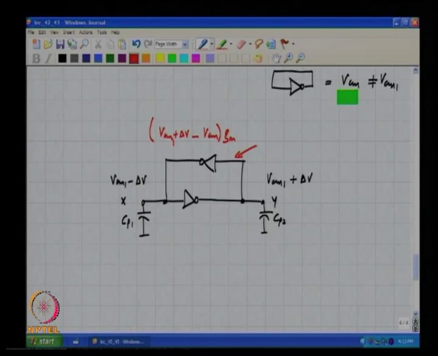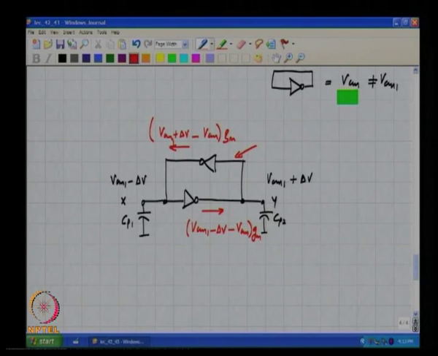Is this clear? Similarly, going this way, this current then will be Vcm1 minus delta V minus Vcm times Gm.